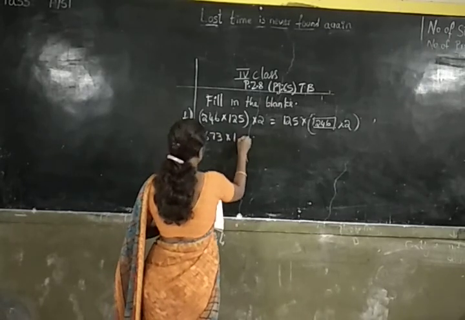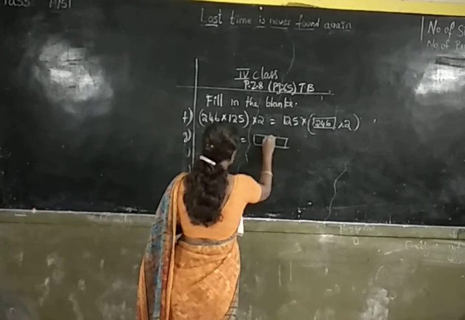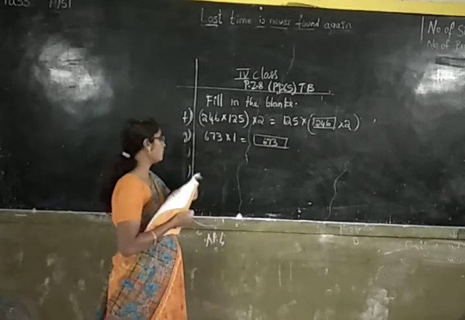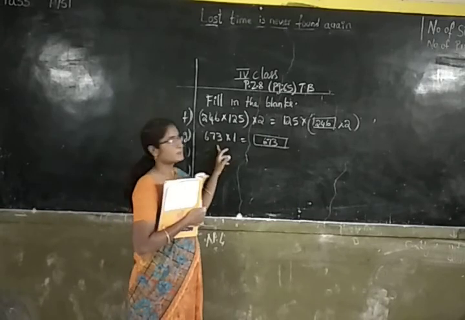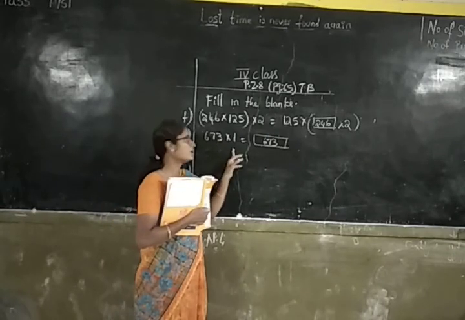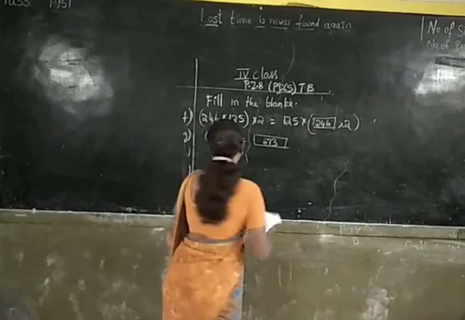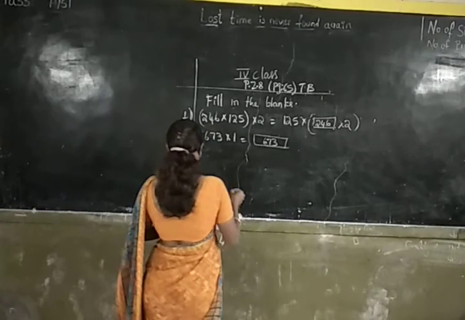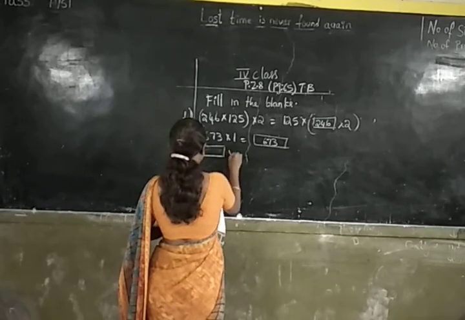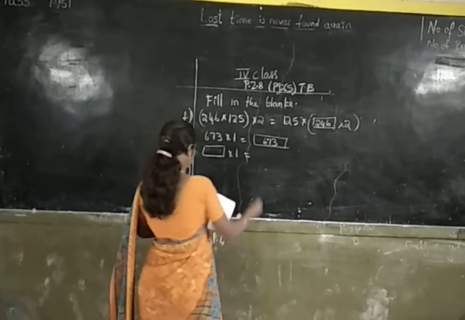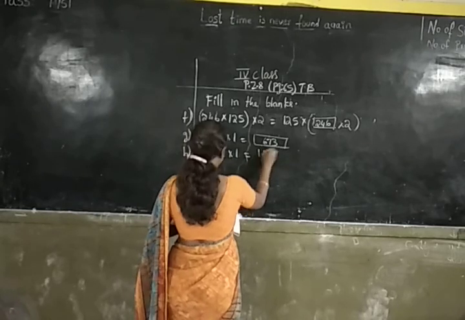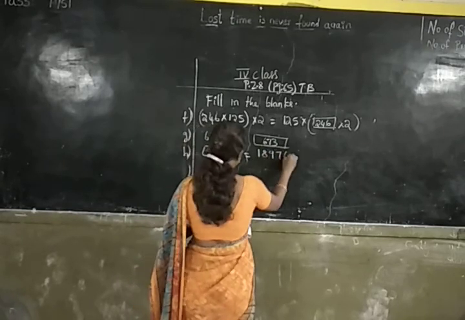673 into 1 is equal to 673. According to identity property, when we multiply any number with 1, we get the same number. Now let us do the H sum. Box into 1 is equal to 18,976.